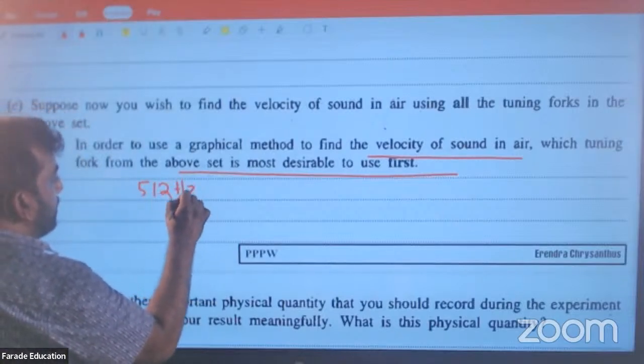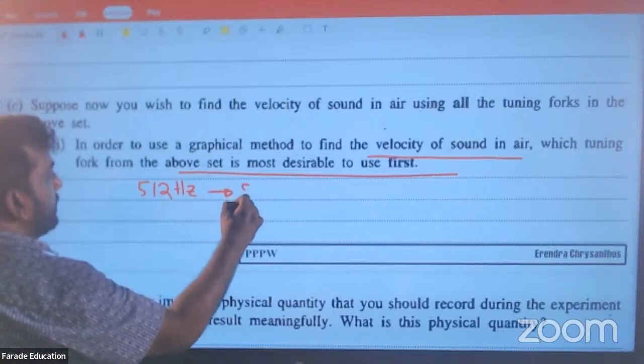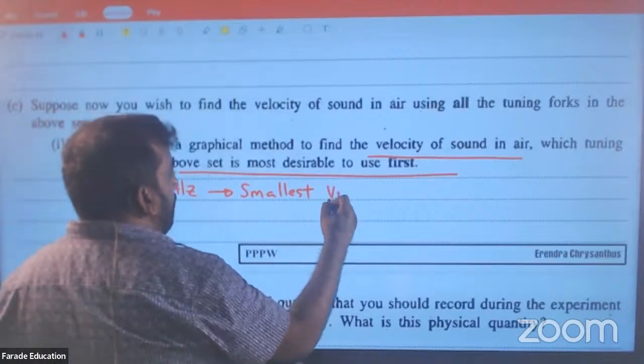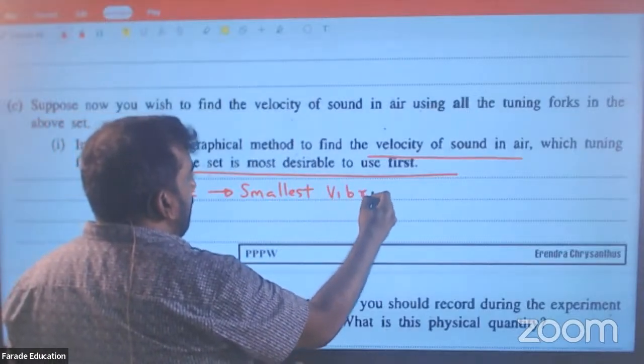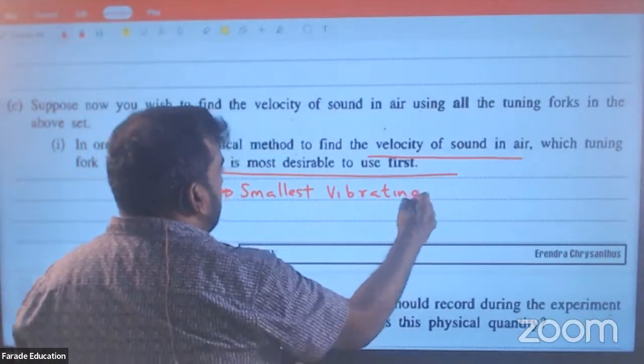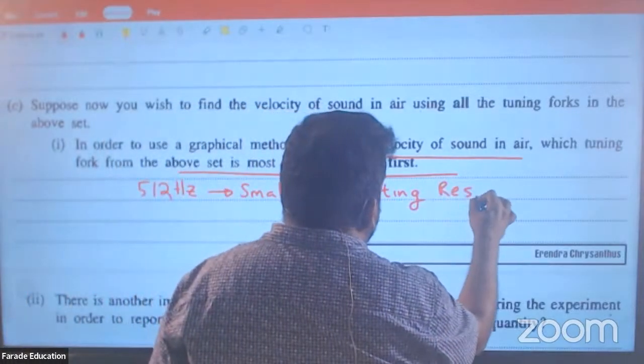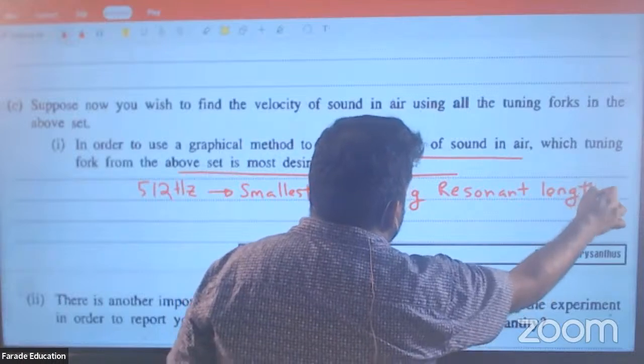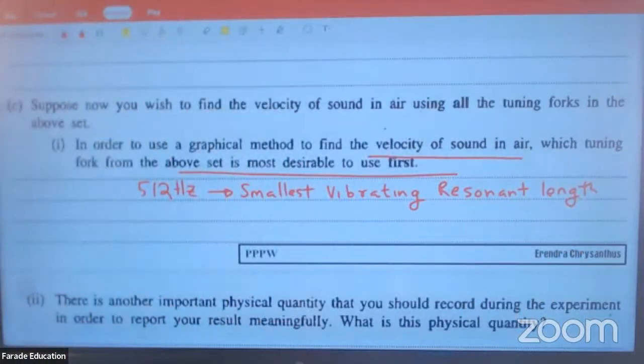Why highest frequency? Highest frequency means smallest vibrating resonant length. Okay, no? Right.